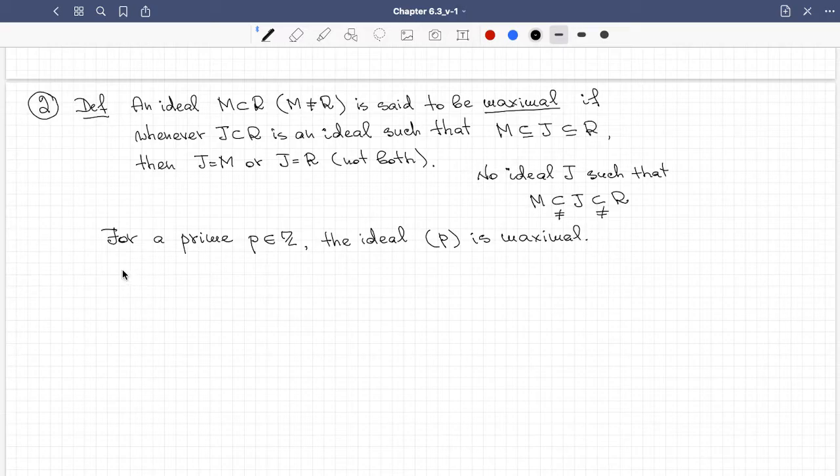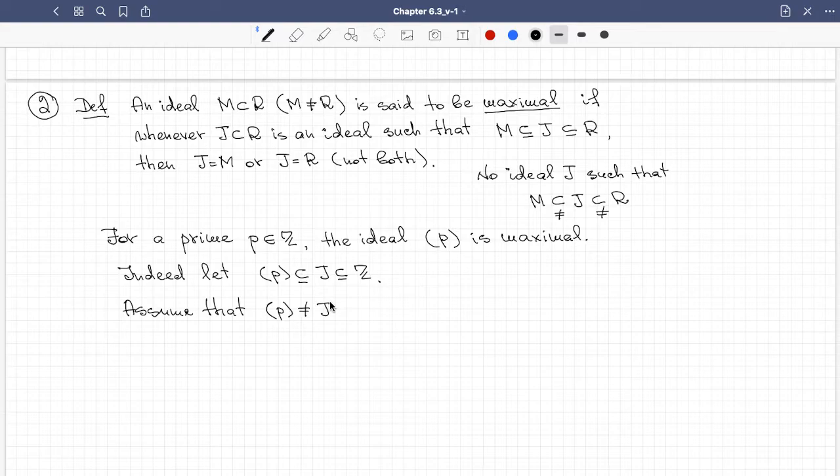Indeed, let there be an ideal J which is in between the whole ring, which is the ring of integers in this case, and our principal ideal generated by P. Assume that the ideal of P is not J. What does it mean? J contains P and some extra.